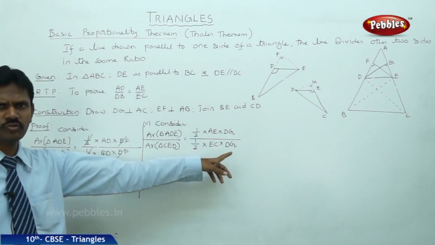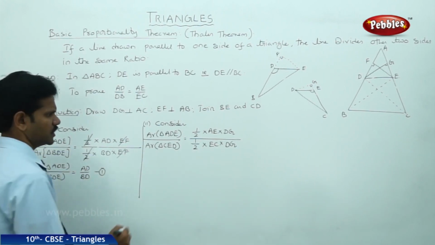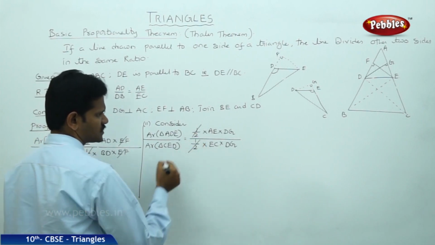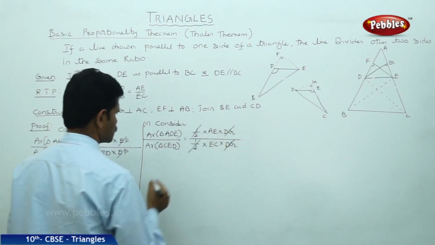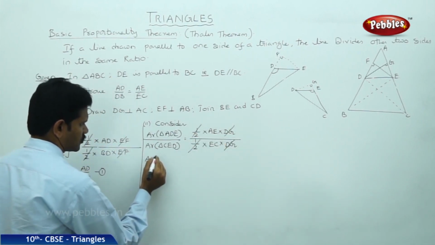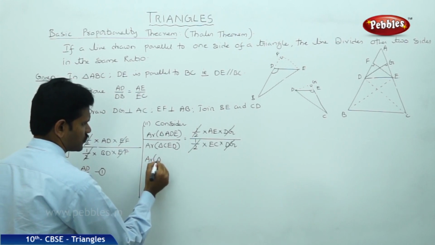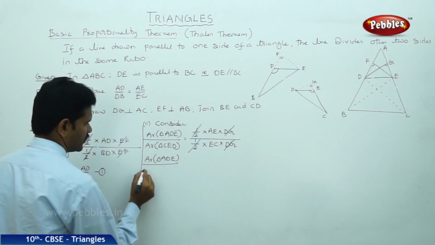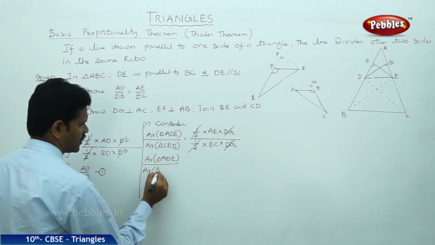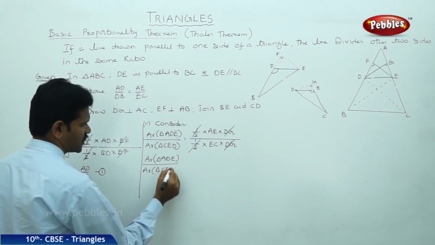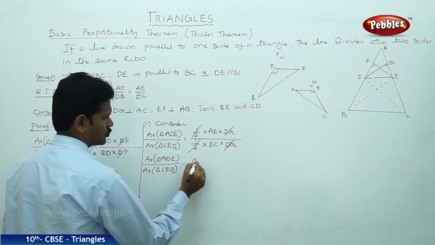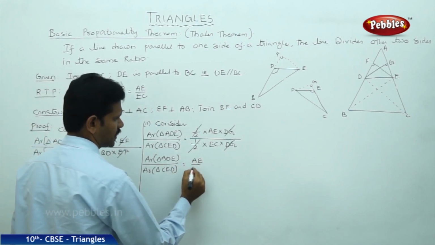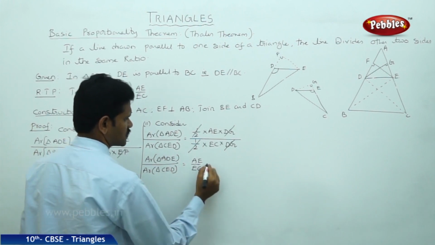Half cancelled, DG cancelled, that is area of triangle ADE by area of triangle CED is equal to AE by EC. This is equation 2.